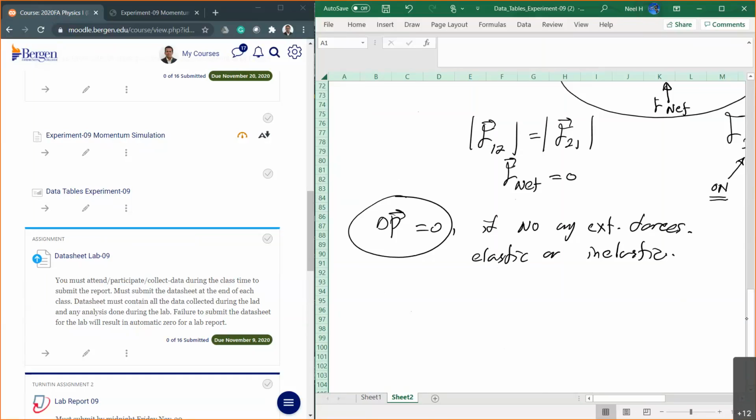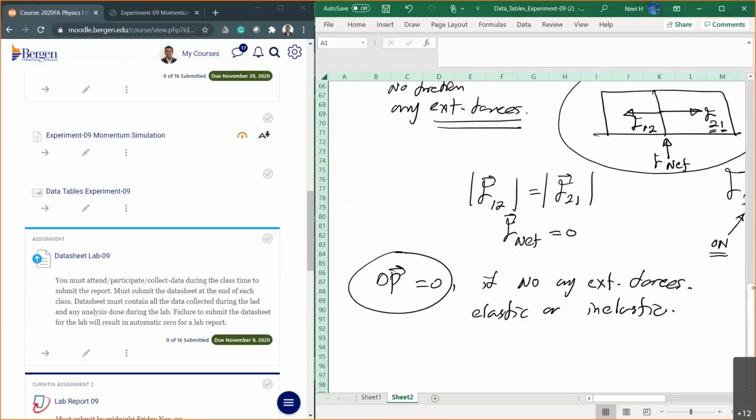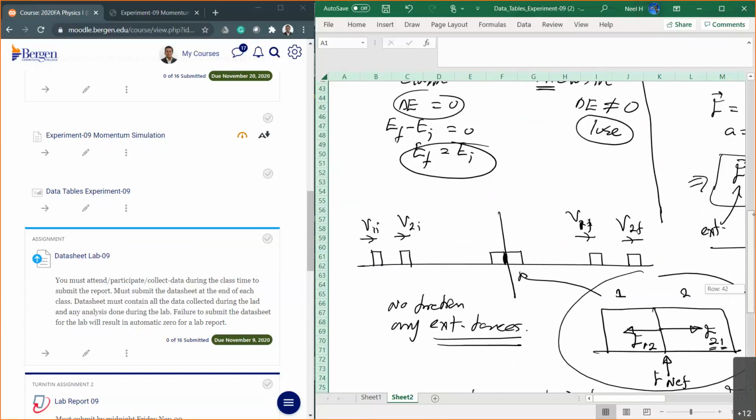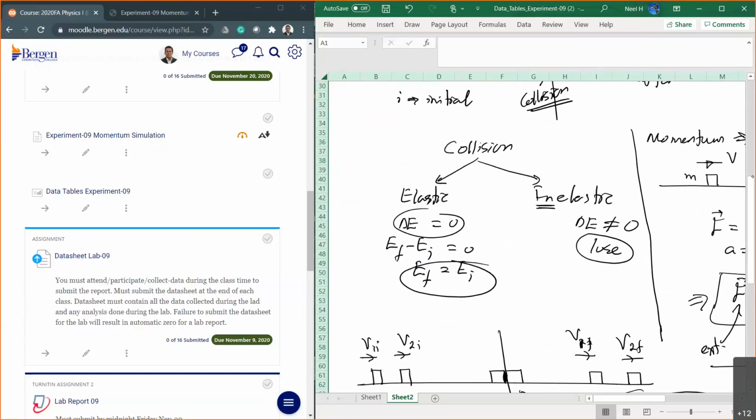All right, then let's continue. That's what we try to understand in this lab, right? The main plan is to create a collision between objects given some velocity, knowing the masses, and then investigate by measuring the velocity.